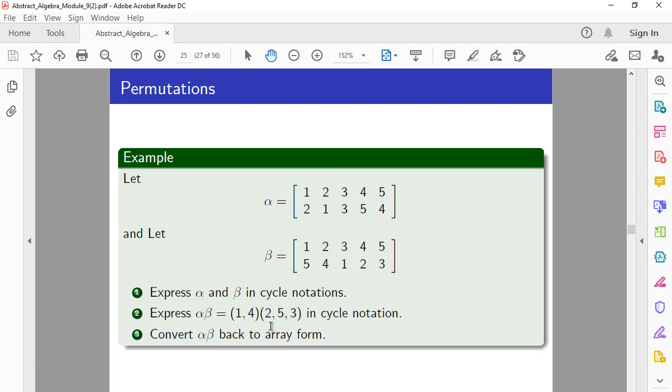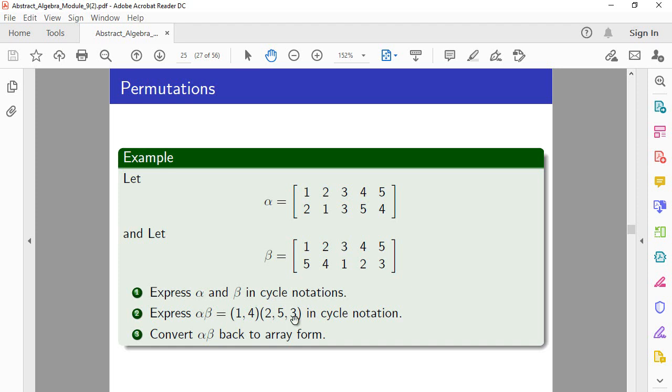And then if I start with 2, notice that beta applied to 2 is 4, and alpha applied to 4 is 5, so 2 goes to 5. Now let's apply alpha beta to 5. Beta applied to 5 is 3. Alpha applied to 3 is 3, so 5 goes to 3.